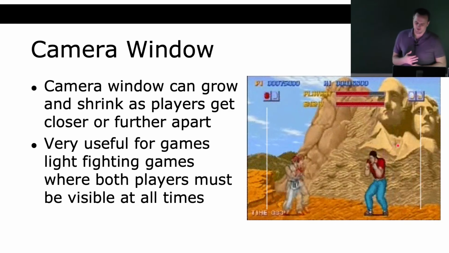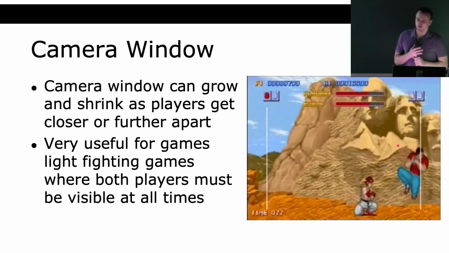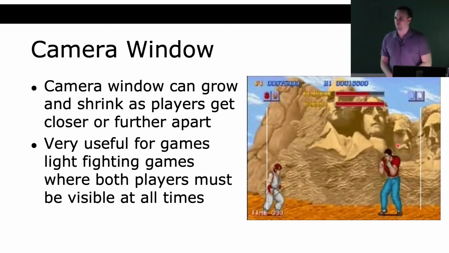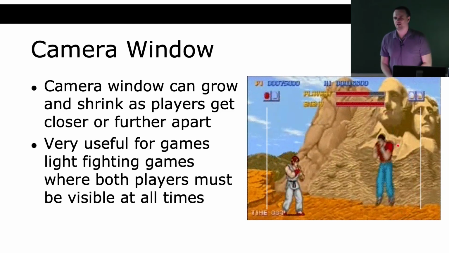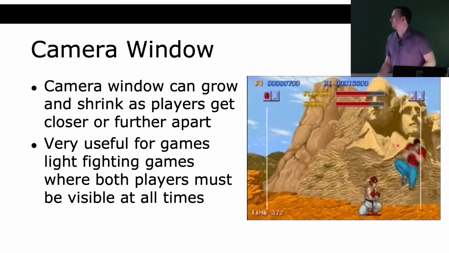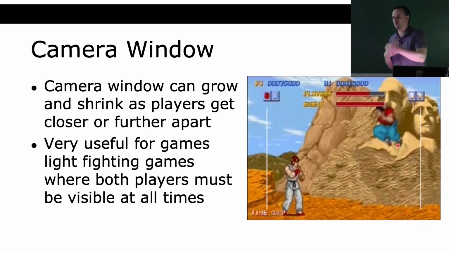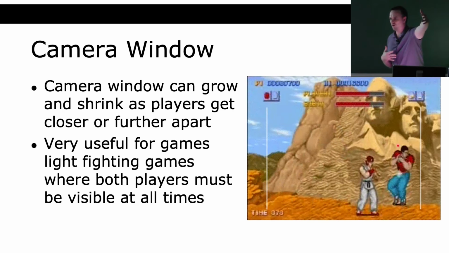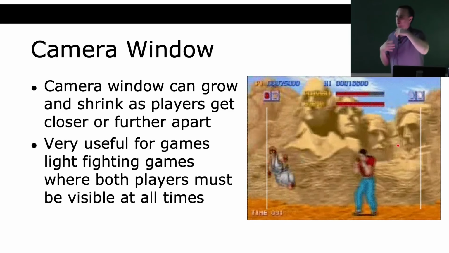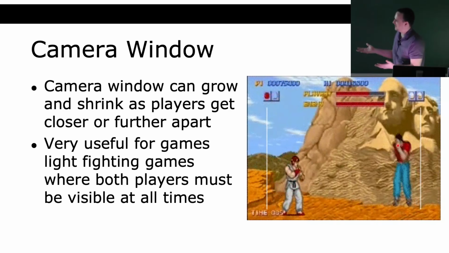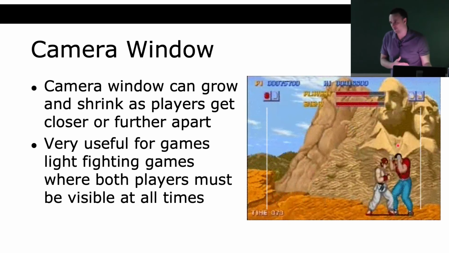So here, this is really interesting because the gameplay mechanics affect the camera. Meaning that if you have someone like Dhalsim in Street Fighter with really long legs, you wouldn't want their moves to be able to reach all the way across the screen, or maybe you have fireballs with a certain speed and you want a player to be able to react to that.